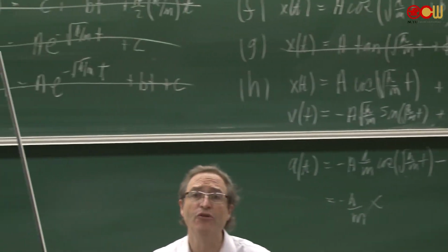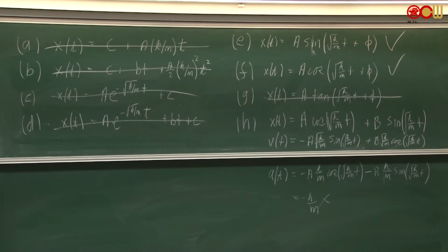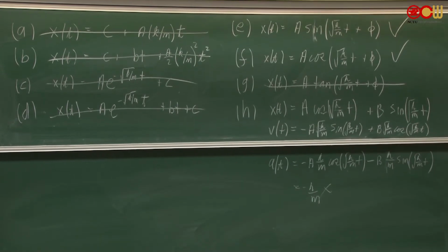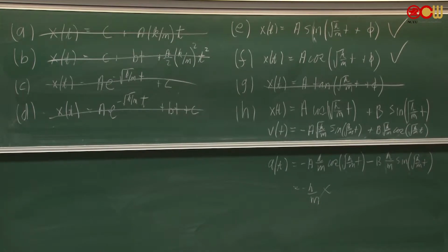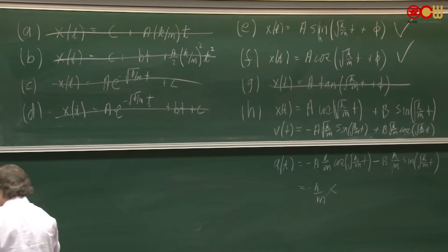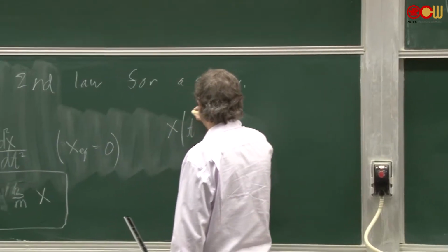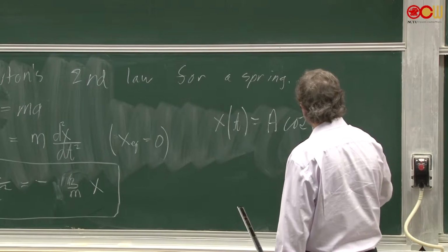Which one do you use? Well, you use whatever one you want. Some problems, it makes it easier to use one over the other. In this course, f is the one that the textbook uses, so I'll stick with that.